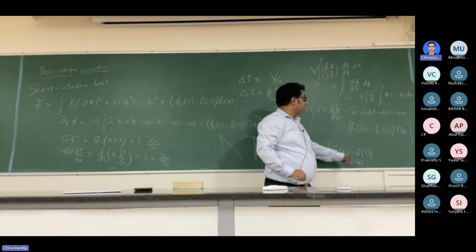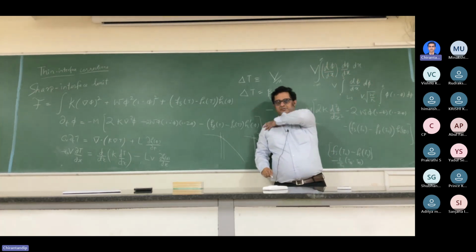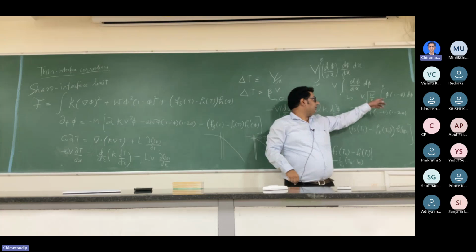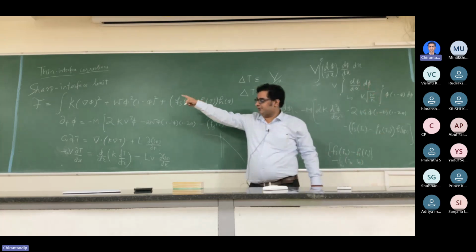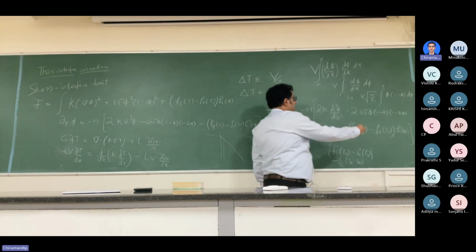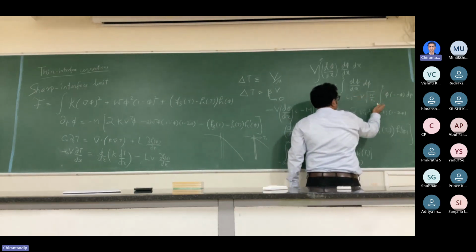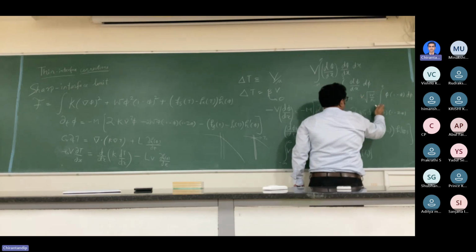But remember, dt by dx has the condition where it is 1 on the left and 0 on the right. It would mean that I have to choose the negative sign when I take the root over here. So the negative of this would invert this integral from 1 to 0 to 0.